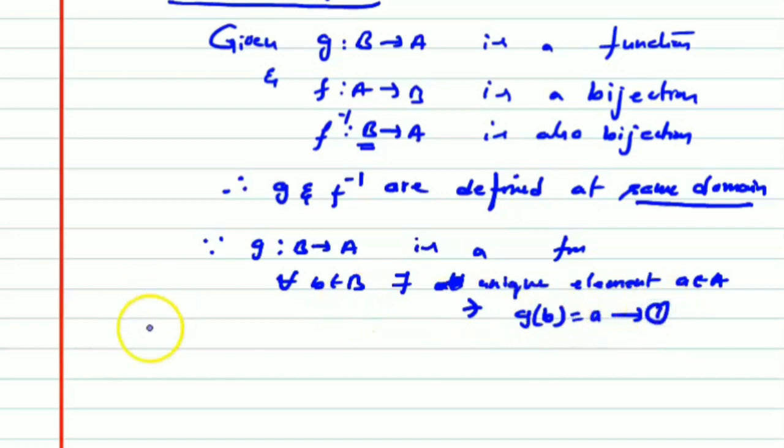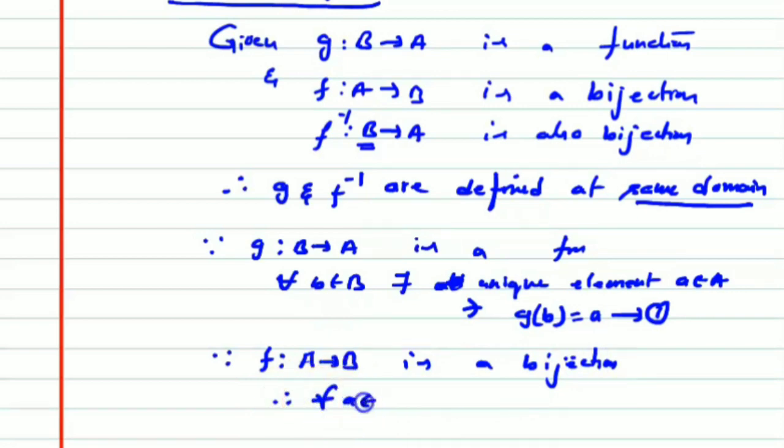Since f maps A to B is a bijection, for each a belongs to A, there exists b belongs to B such that f of a is equal to b, which implies a is equal to f inverse of b.